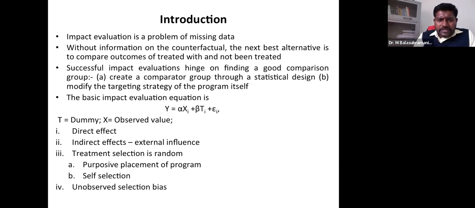Now this direct effect we can capture in a simple analysis. The indirect effects are the most important to find to get an accurate figure for our analysis, because these indirect effects are influenced by external factors.